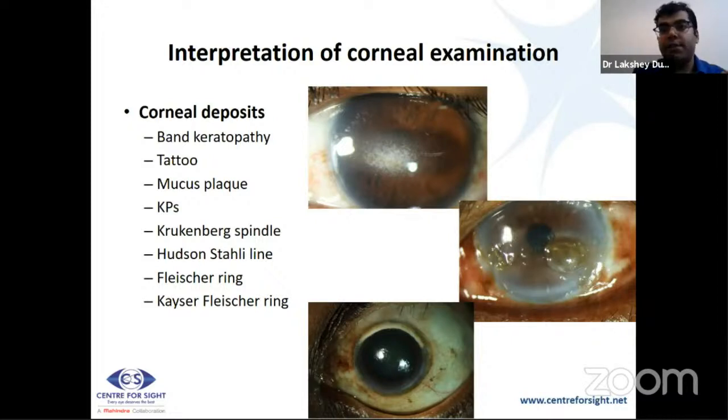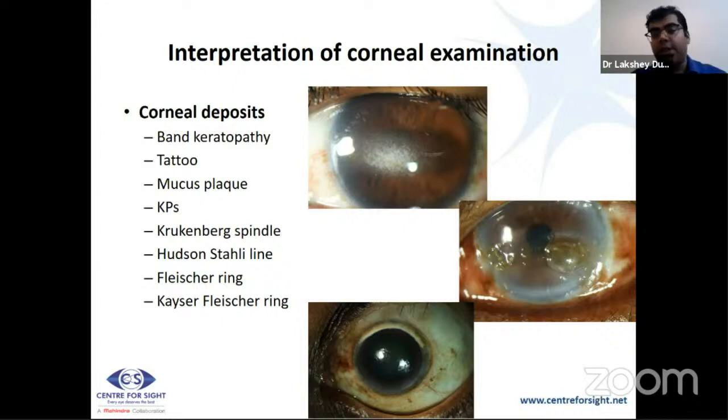Next is Stocker's line, which is next to the head of the pterygium. All these iron deposits in the cornea are because of corneal irregularity, which causes the tear film to stagnate, and this causes iron deposits.